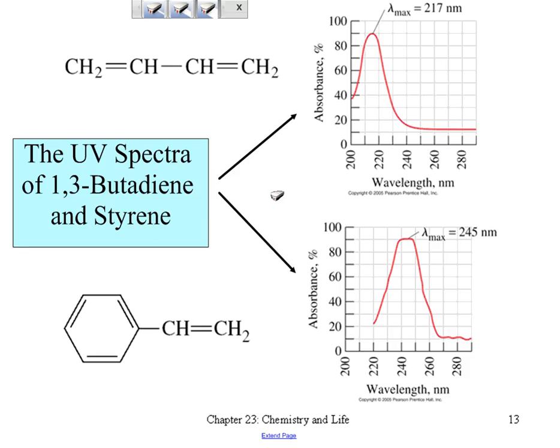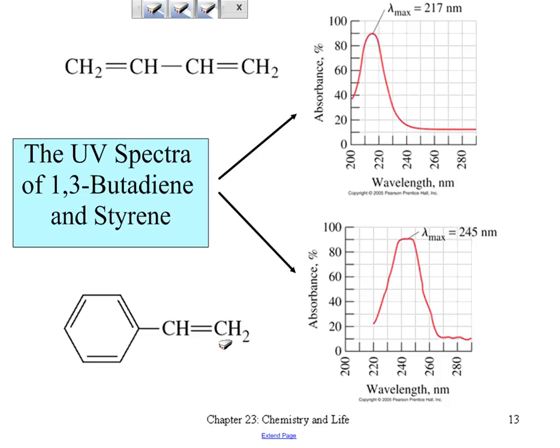And here is another example of how conjugation changes the absorbance. Here, I have 1,3-butadiene, 2 double bonds. So it's double, single, double, and it absorbs around 217 nanometers.